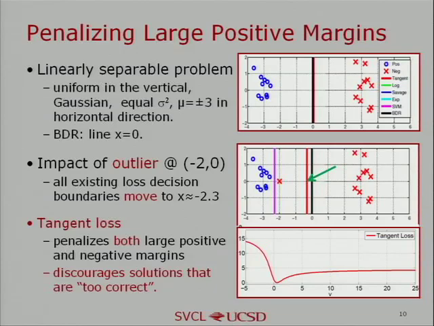But the problem is that right now, given the fact that it's just one point, it's still considered kind of an outlier. I will actually deal with this problem later on because once you derive the tangent loss, you can actually change the amount that it penalizes being too correct.